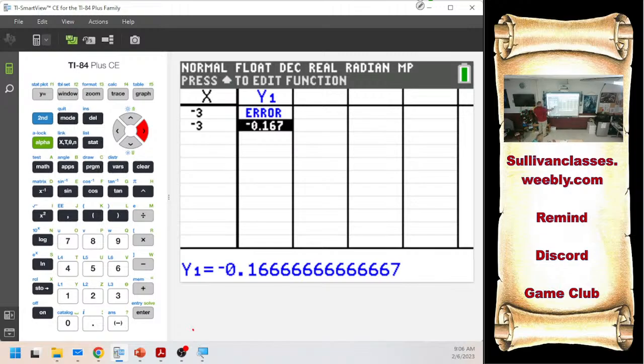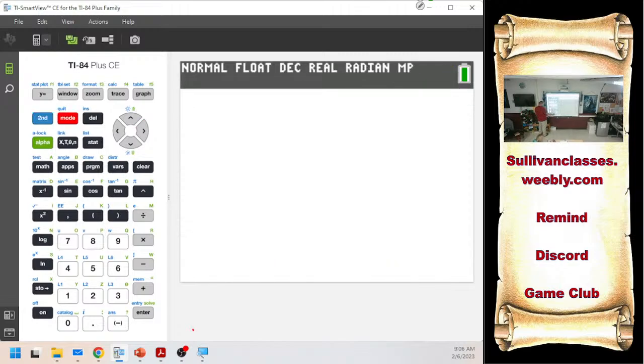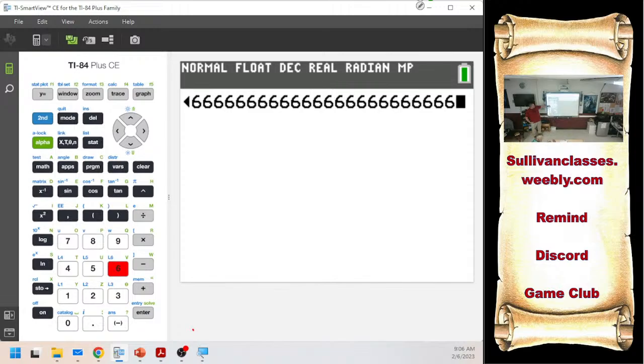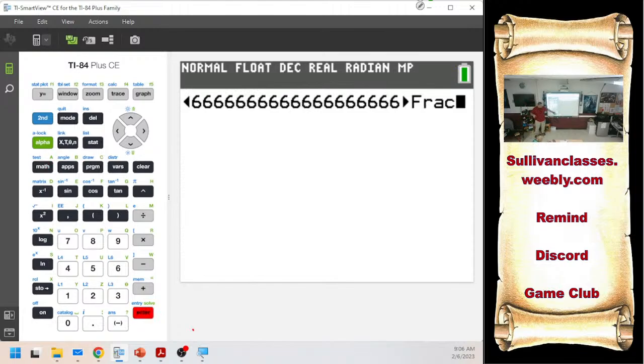So if I don't know what that is, I go back to the main screen, say negative 0.1 math, change to a fraction, cross fingers.